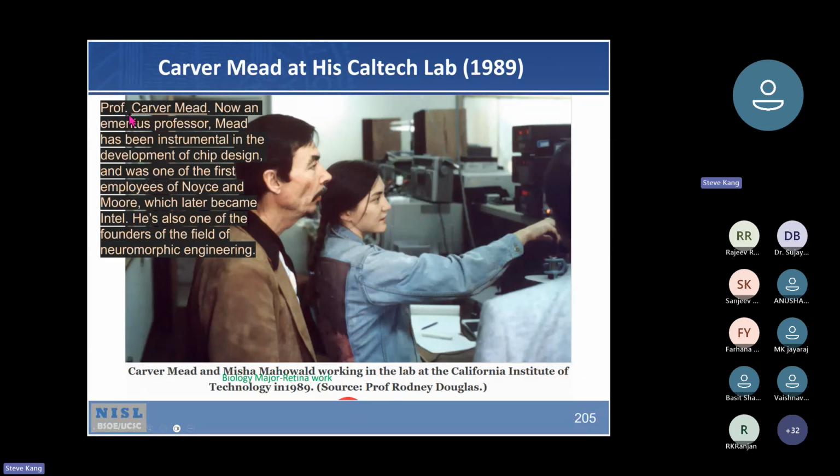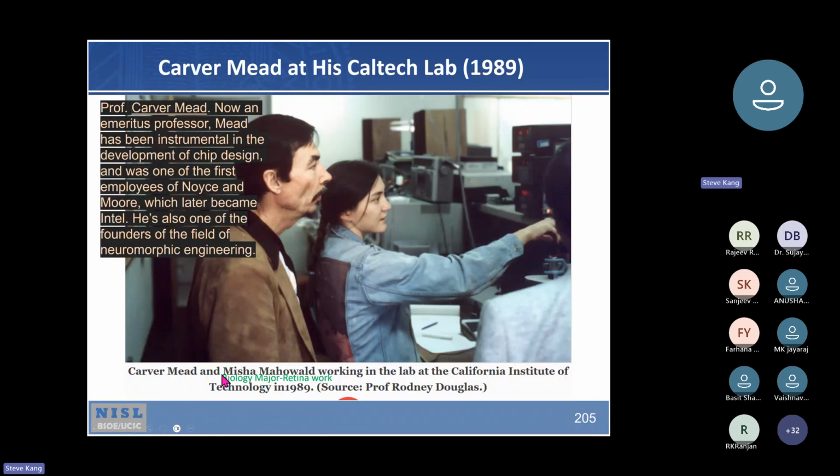So Professor Carver Mead, now an emeritus professor, has been instrumental in the development of chip design and was one of the first employees of what later became Intel, with Bob Noyce and Gordon Moore. He's also one of the founders of the field of neuromorphic computing.